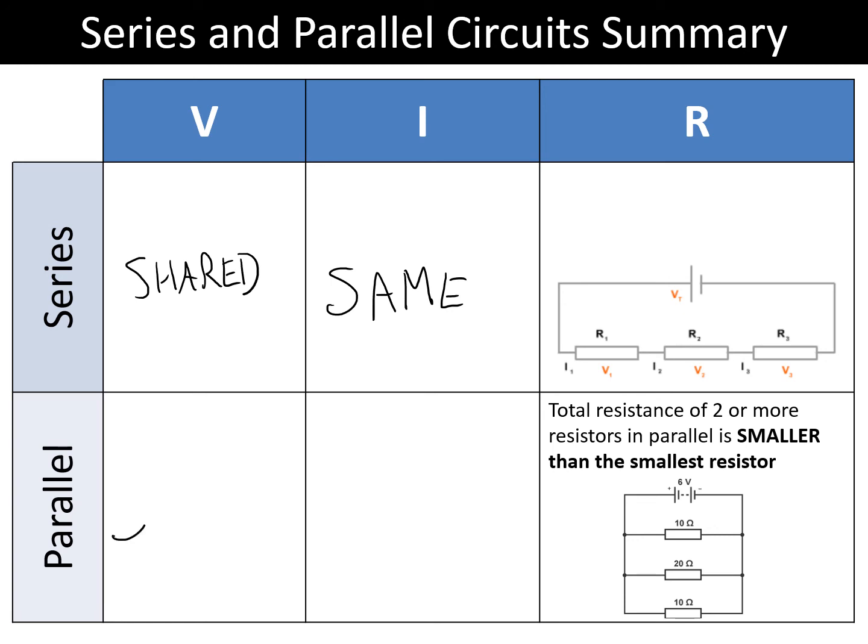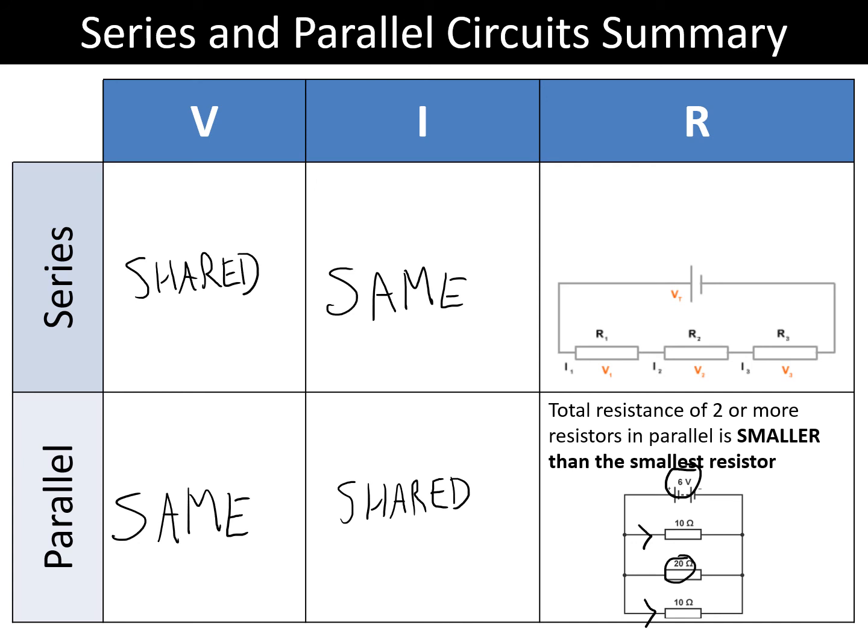The voltage in a parallel circuit is the same for each branch of the circuit. So if this is 6 volts here, it'll be 6 volts across every single one of these resistors. Whereas the current is shared according to the resistance here. So if you were an electron, you're going to find it much easier flowing through here and here rather than this 20 ohms resistance.